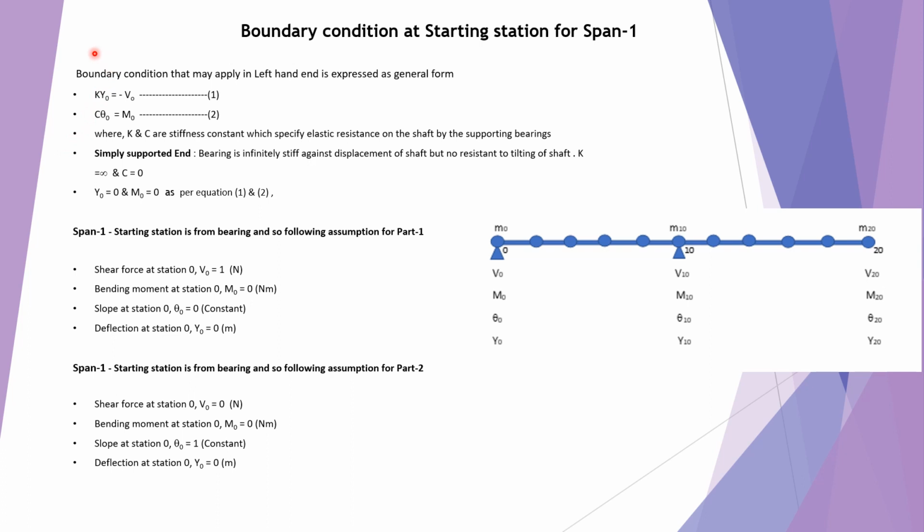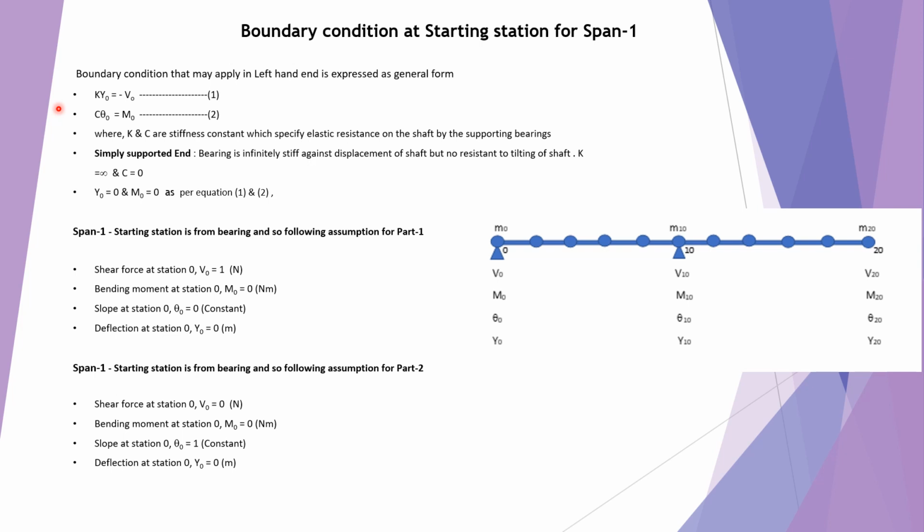Now the boundary condition at the starting station, station number 0 for span 1. The boundary condition that may apply at the left hand, station 0, is expressed in general form: K y0 = -V0, equation 1, and C theta 0 = M0, equation 2, where K and C are stiffness constants.